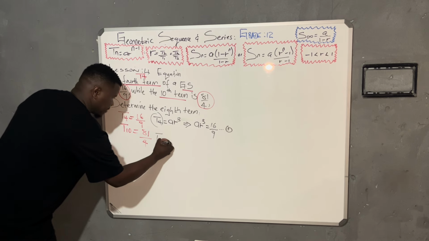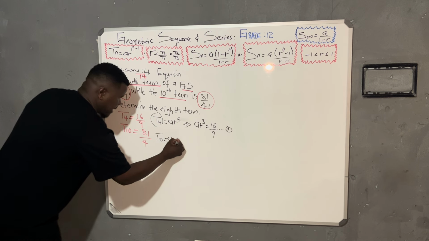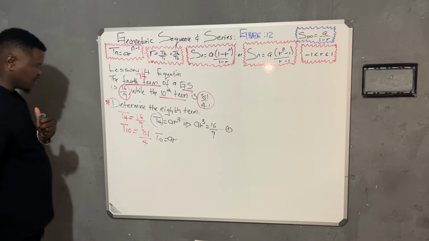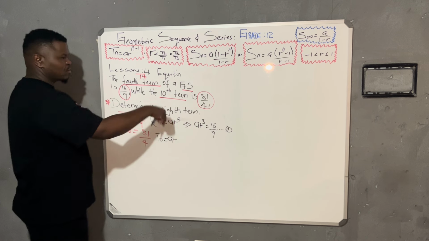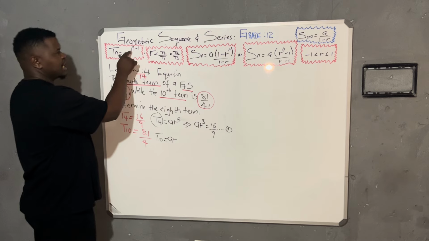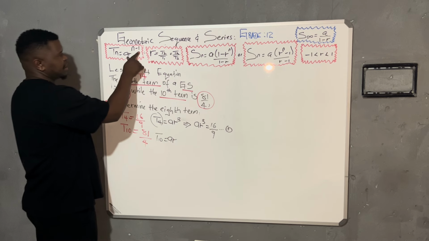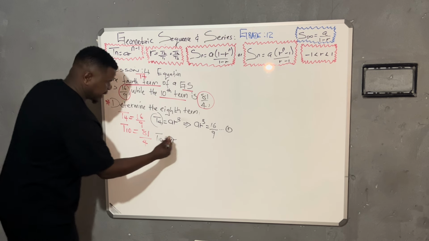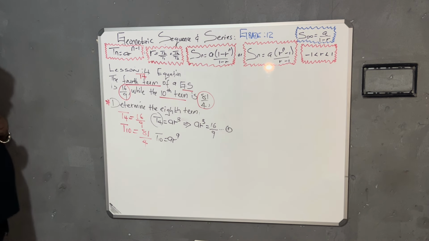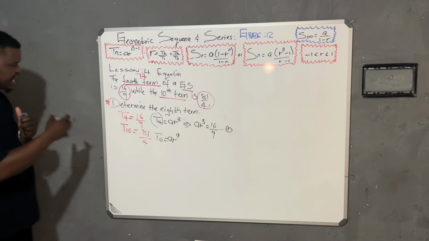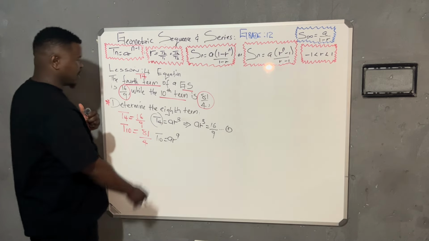So T10 is equivalent to ar to the power of something. There's a pattern of some sort. Since it's 4, it's going to be 3. Just go down by 1 unit. If it's 10, 10 minus 1 is 9. The power of practice: you end up seeing such things, so you don't have to go a long way.